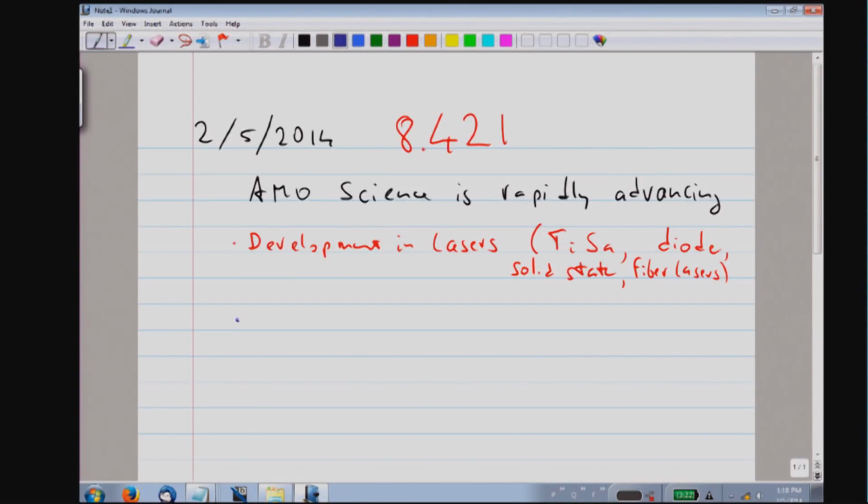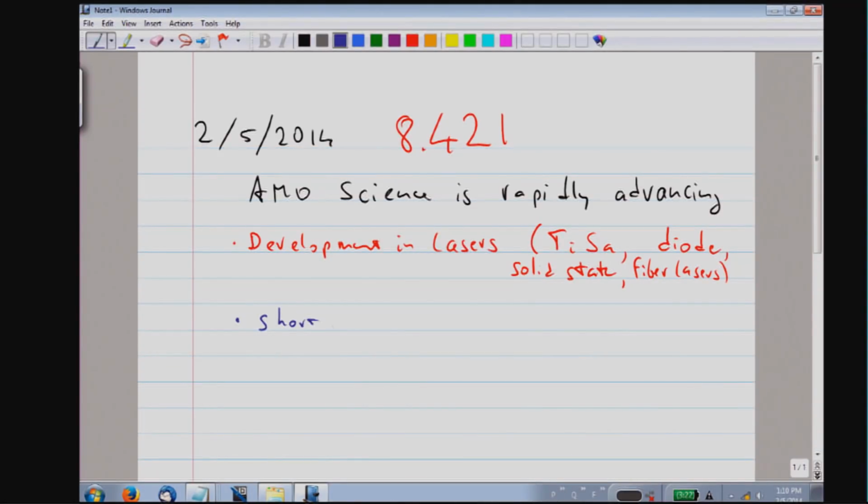So those advanced lasers in power and in spectral range.